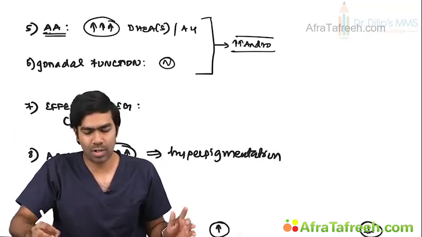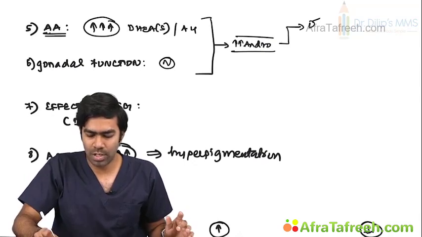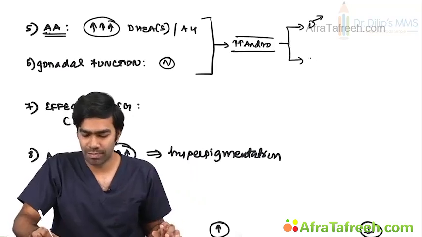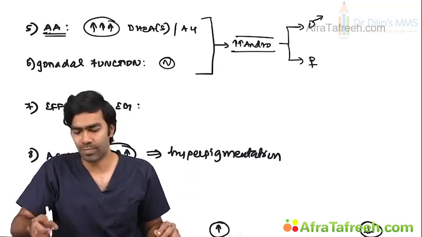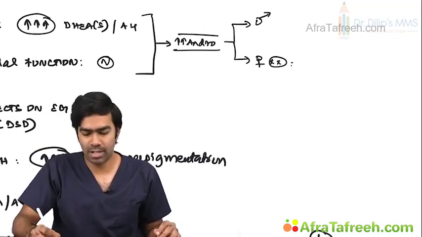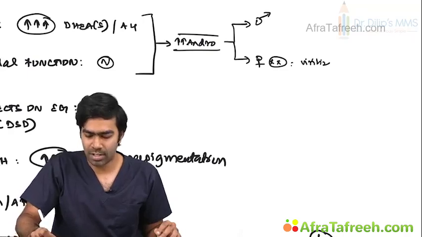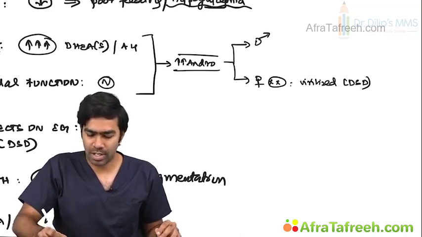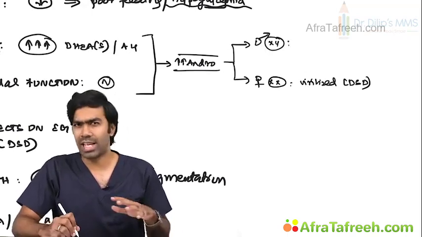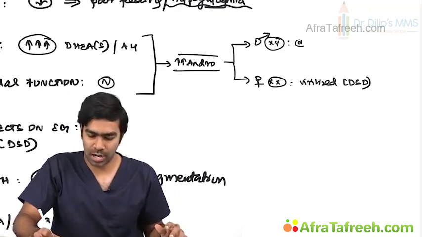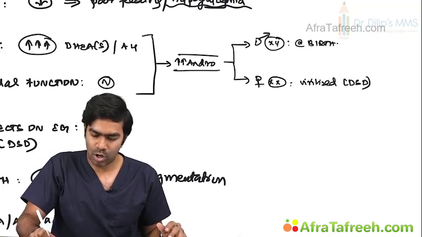Obviously, this excessive androgens is not going to be of much problem in case of a male, but it's definitely going to be a problem in case of a female child. So if it's an XX karyotype, this female child will definitely be virilized and present with DSD, that is ambiguous genitalia. In the male child, this excessive androgens is not going to have much effect at birth at least, which means at birth they'll have normal external genitalia.